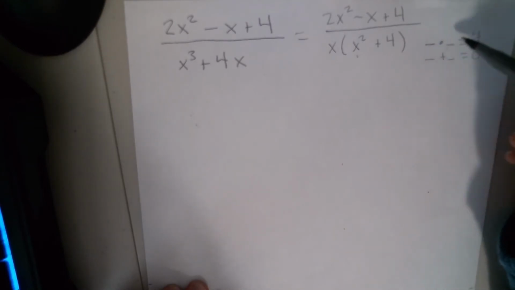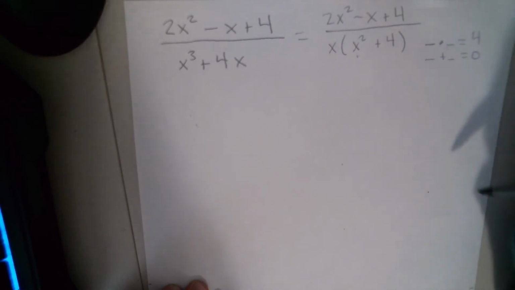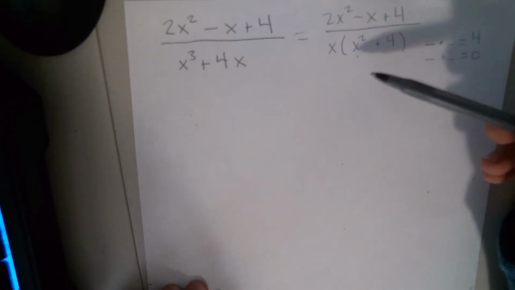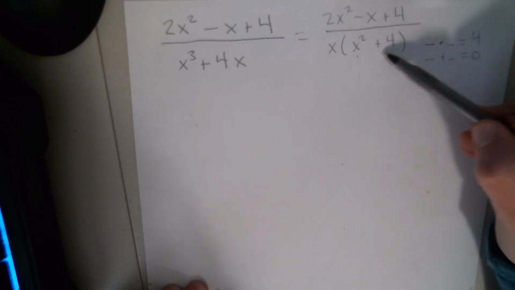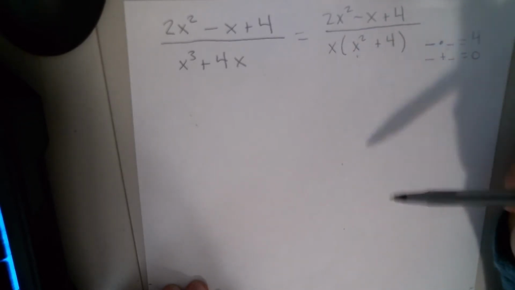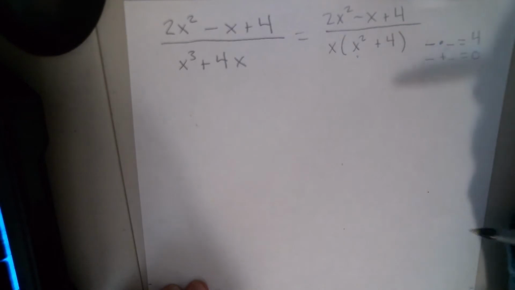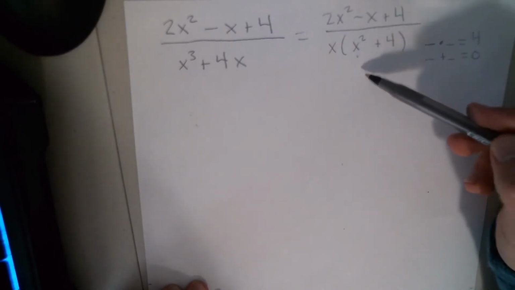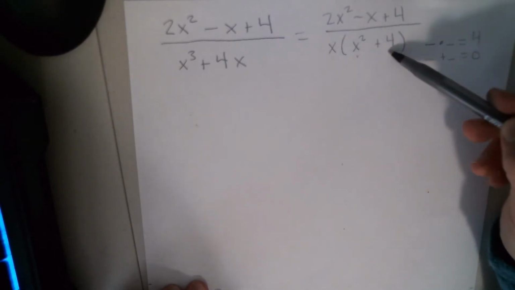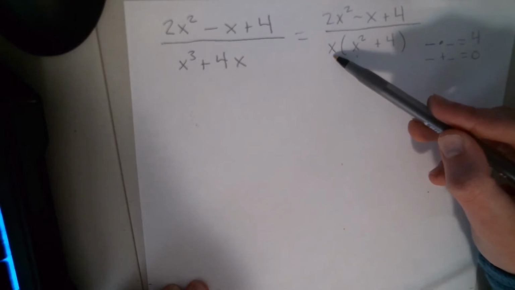There are no such numbers, right? I would need one to be negative to get a 0 here. So this x squared plus 4 is not factorable, at least with real numbers. It does factor with complex numbers, but we don't need that for this. So we've got x squared plus 4 and x in our factored form.